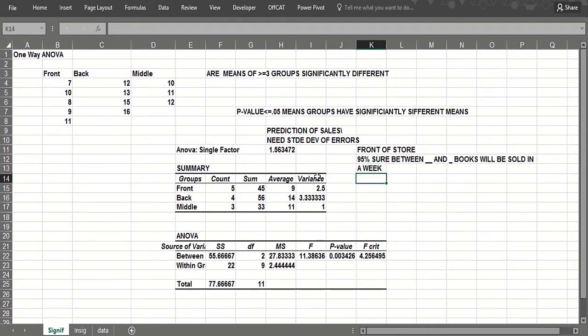Well, we know the mean is 900, so we'd go 900 minus 2 times 1.56, and 900 plus 2 times 1.56. So between 588 and 1,212 books, with a 95% chance.